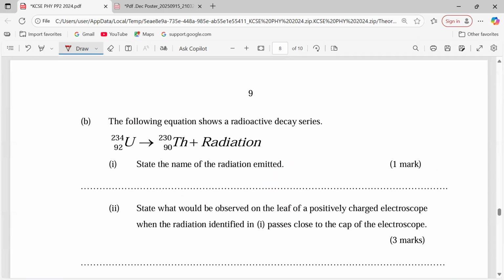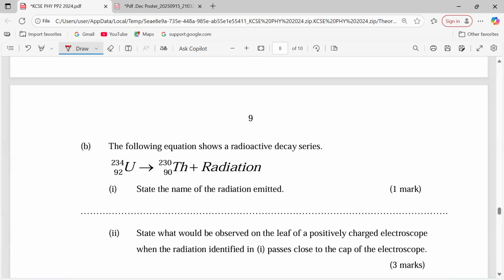After the decay has occurred, the mass number and the atomic number before and after the radiation are supposed to be equal. Therefore, uranium 234, 92 equals thorium 230, 90, plus unknown radiation.